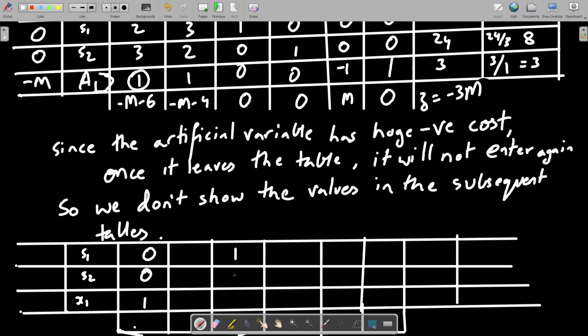Then this is going to be 1, 0, 0. What is the cost associated with this one? 6, right?